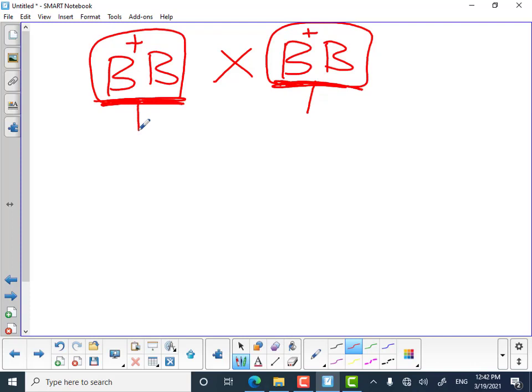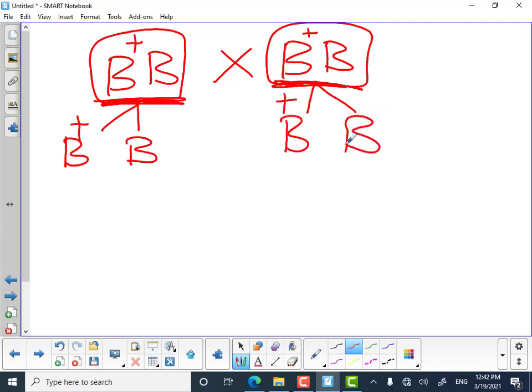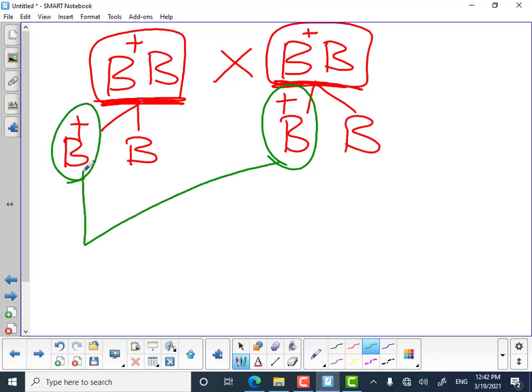Okay, this female will give us two types of gametes, B positive and one that doesn't carry any gene, and the male gives B positive and B only, which doesn't carry this dominant, like we said. The baldness is the dominant character. We will do our matching between the gametes.